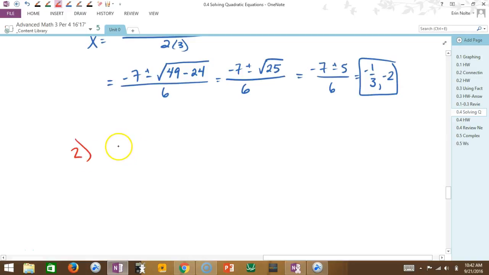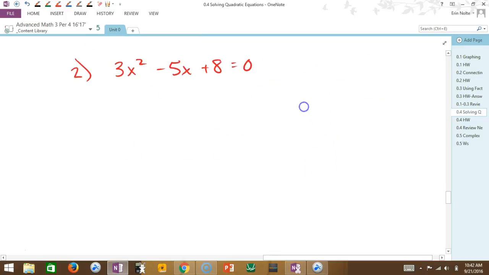So let's say we had 3x squared minus 5x plus 8. That shouldn't be too nasty, and I don't think it's factorable. Oh, maybe it is. Hold on, let me change that. Sorry. Let me change the 8 to about a 7.